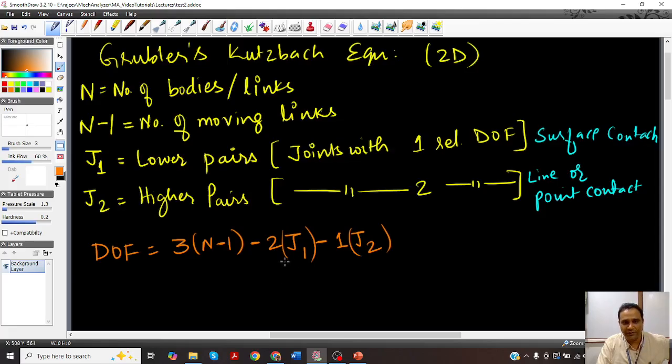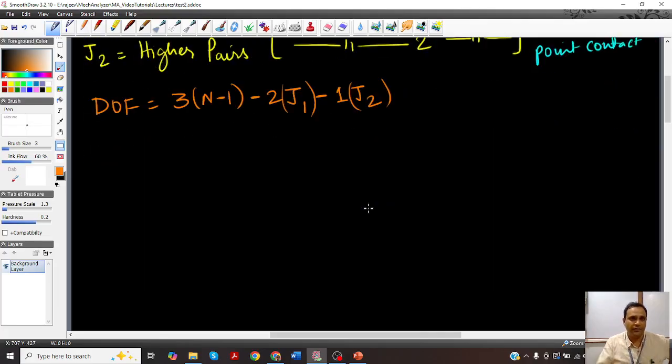In the previous video I had said if you add this 2 and 1, you should get 3. Similarly, 1 plus 2, you should get 3. So that is a trick so that you don't forget this equation. Okay, now let's look at a few standard mechanisms that are typically there.